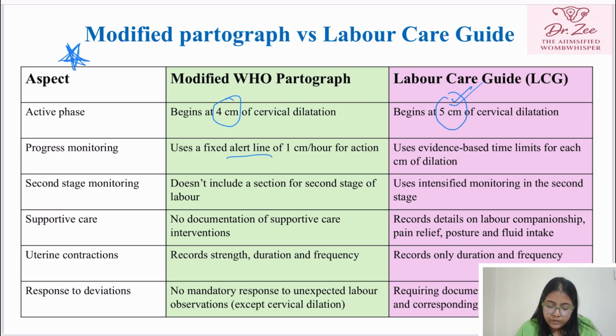In the partograph, we use a fixed rate of at least 1 cm per hour for action, and in the Labor Care Guide we use evidence-based time limits. It's not like from 5 to 6 cm there should be not more than 1 hour. It's not like that.